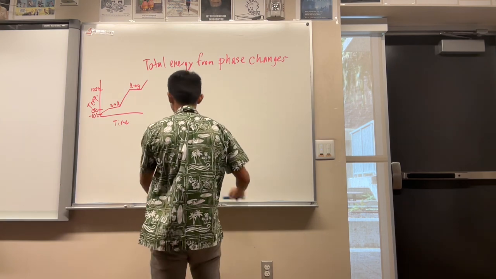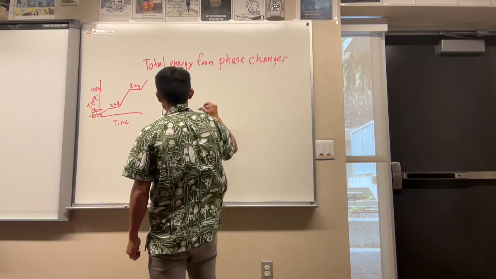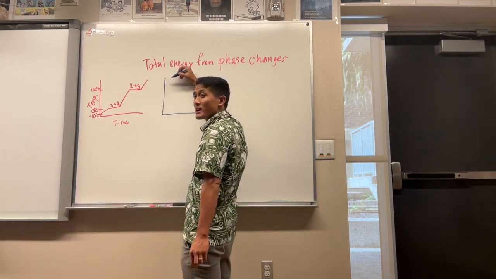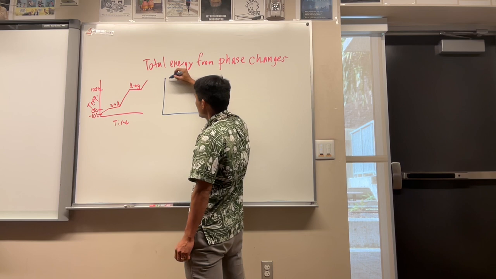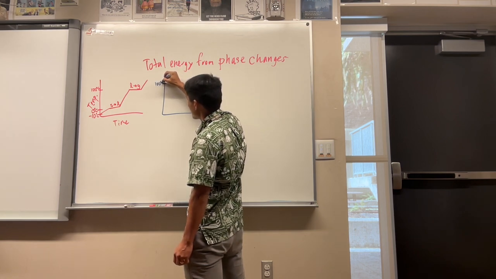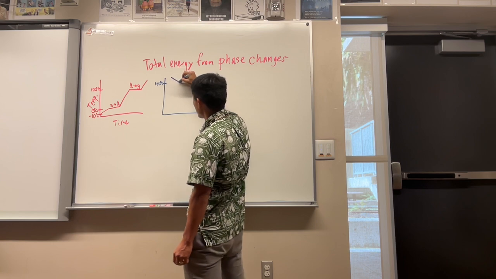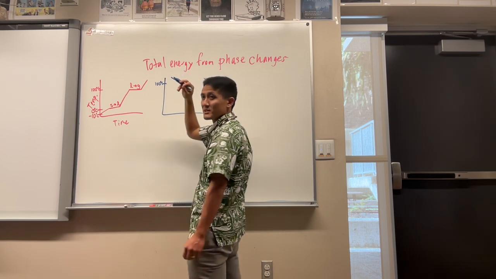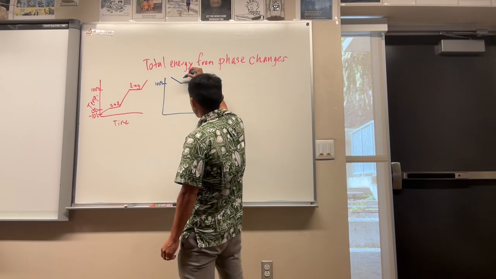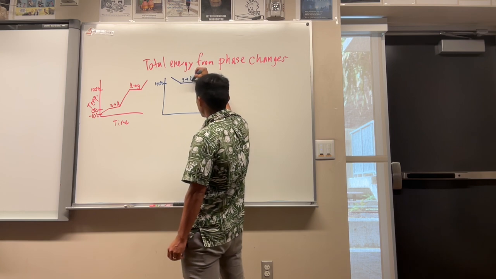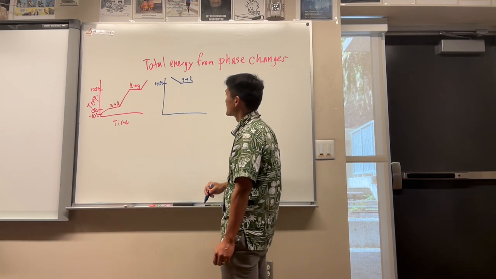On the flip side, what if we did the opposite? What if I had super hot steam? What's going to happen once it hits 100 degrees Celsius? It's going to cool down and turn into what? Liquid. Good. So gas into liquid, kind of the reverse.